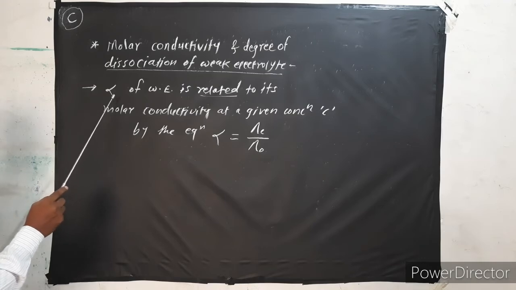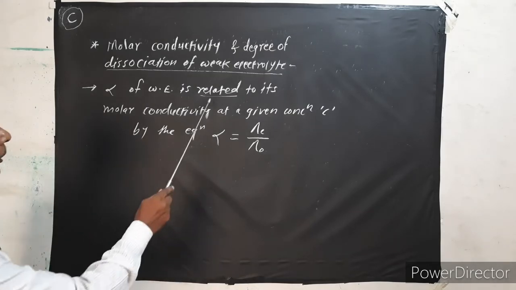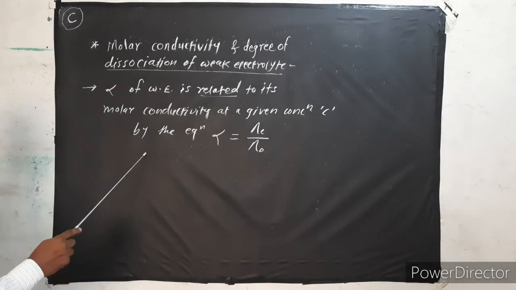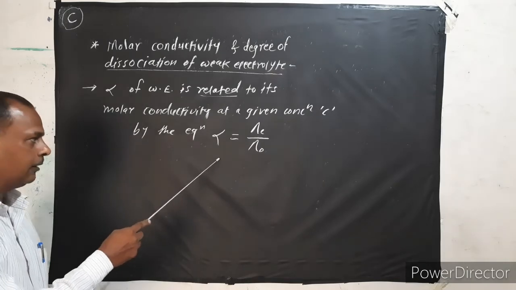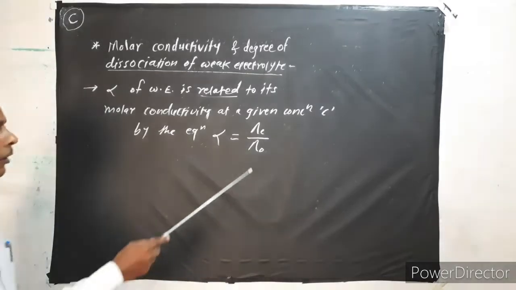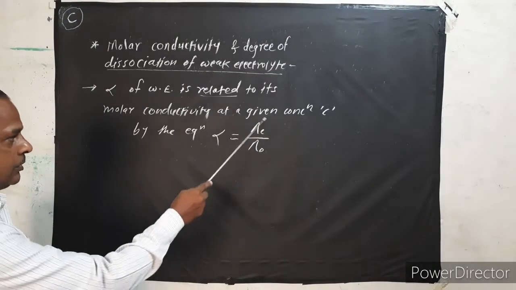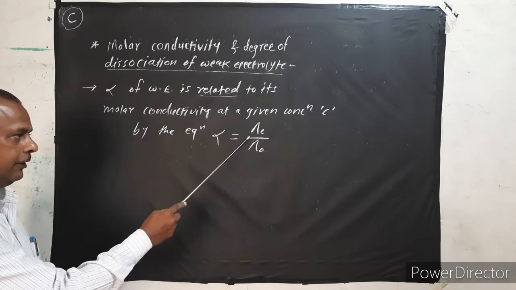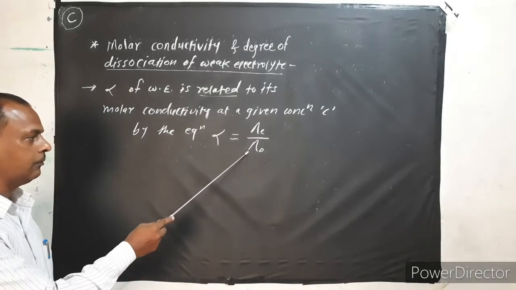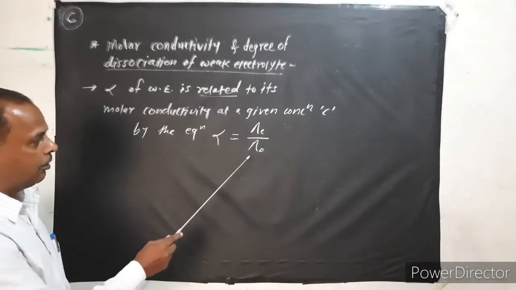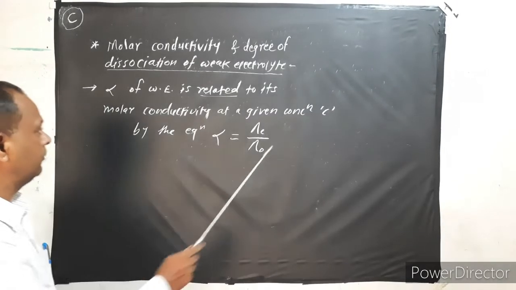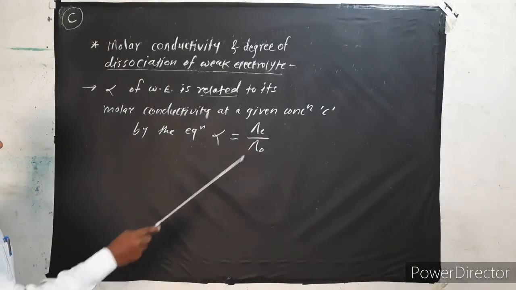The degree of dissociation of a weak electrolyte is related to its molar conductivity at a given concentration C by the equation alpha equals lambda C divided by lambda 0, where lambda C is the molar conductivity of the weak electrolyte at the given concentration C, and lambda 0 is the molar conductivity of the weak electrolyte at zero concentration. So they are related to each other.